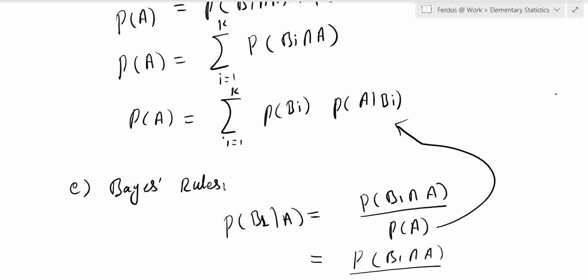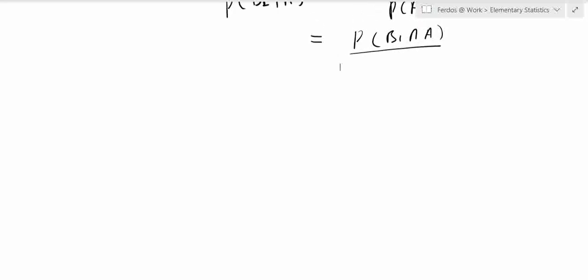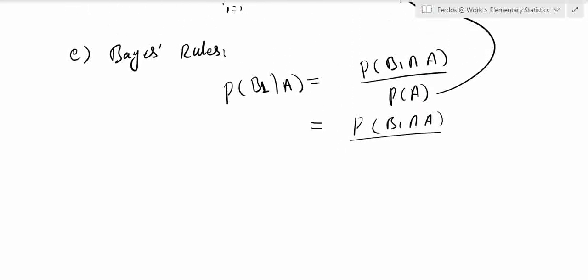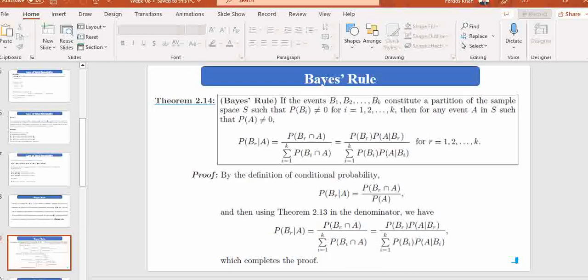So in the next step, you can write the probability of B1 intersection A divided by the summation, i from 1 to K, of the probability of Bi intersection A. If you want to expand this further, you can see this shape of the Bayes rule.